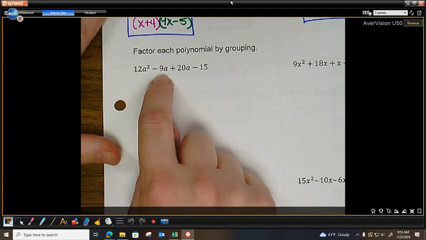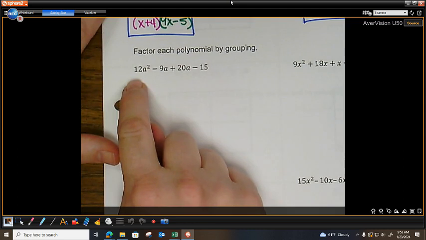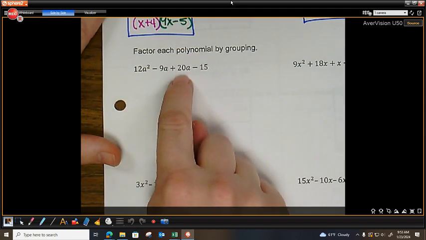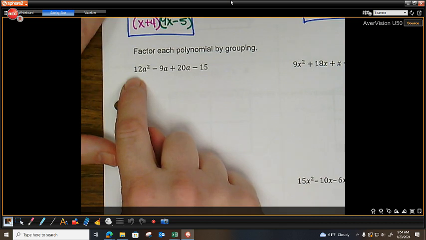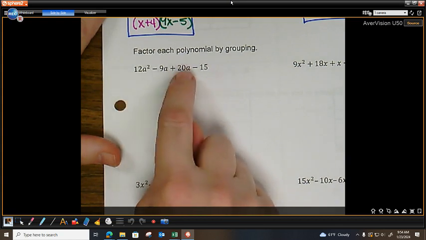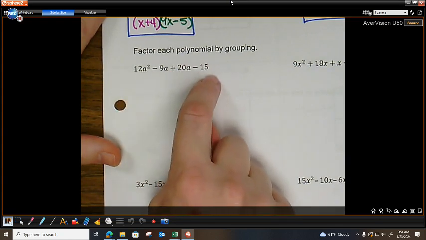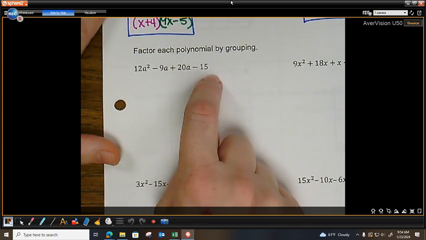So I'm going to think of 3 and 9. Is 12 divisible by 3? Is 20 divisible by 3? No. So 3 is not a GCF. Is 12 divisible by 9? No. So there's not a numerical GCF other than 1. Do they all have an a? No. The way we've learned how to factor, you can't factor this one.